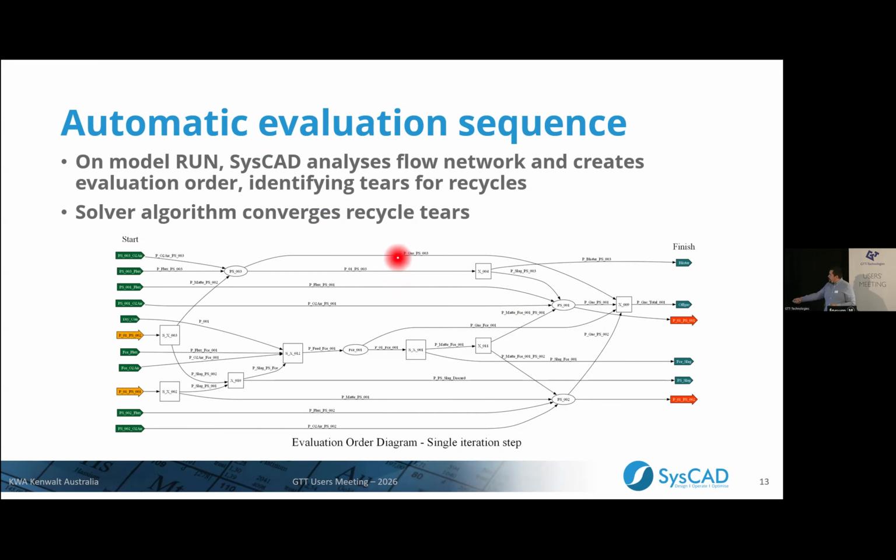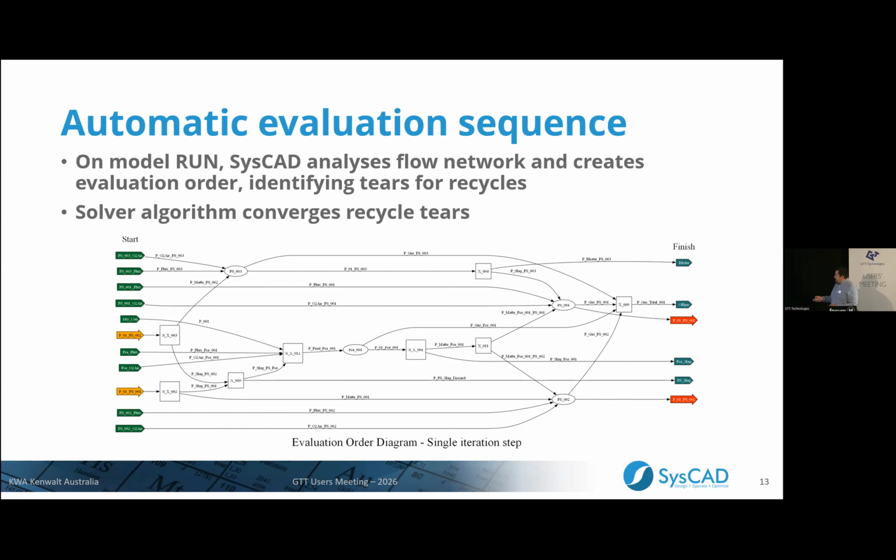On the left-hand side, you see all of the feed that the user sets, right? You say how much feed of this and that, and conditions and so on. And this starts being evaluated. Each one of these little boxes or circles represents one unit model, and the lines represent the connections between them.